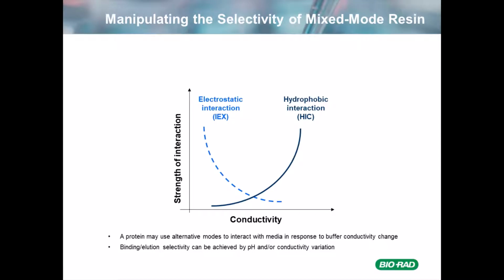And we also know that protein molecules have their mixed-mode nature as well. So the good thing is a protein may use alternative modes to interact with chromatography media in response to buffer conductivity change. This will give us a larger window for buffer manipulation to achieve the binding and elution selectivity.